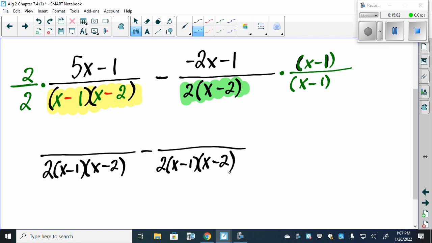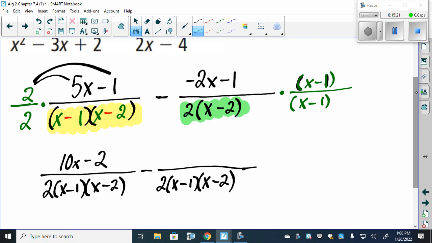Now if we multiply this numerator by 2, well, 2 times 5x is 10x. 2 times negative 1 is negative 2. Now in our other numerator, well, we're going to have to distribute all the way through.